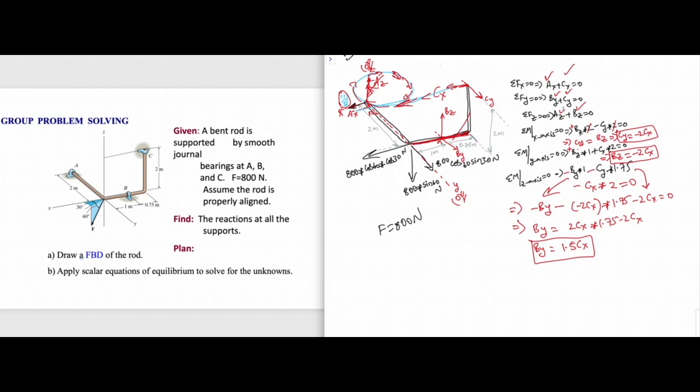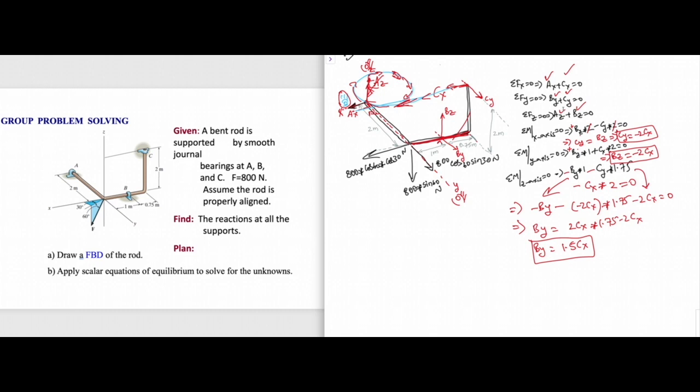So I removed the 800 Newton force, and I can write the 800 Newton force in terms of its components x, y, z. So for the same problem, what I explained to you till now is when I have a free body diagram without the external force, this is how we solve. But if I have an external force, what will happen to sigma Fx equal to 0 now?